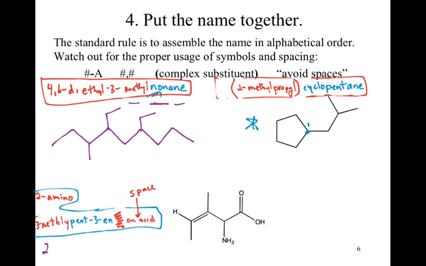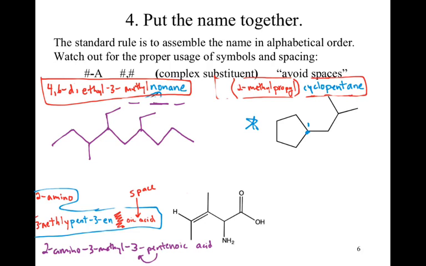Unfortunately, there is. If we go through for a minute and actually write that out, 2-amino, 3-methyl, 3-pentene, oic, that looks like a space, that's not a space, there's a space, acid. Why am I allowed to drop that 3 out in front of the pentene?